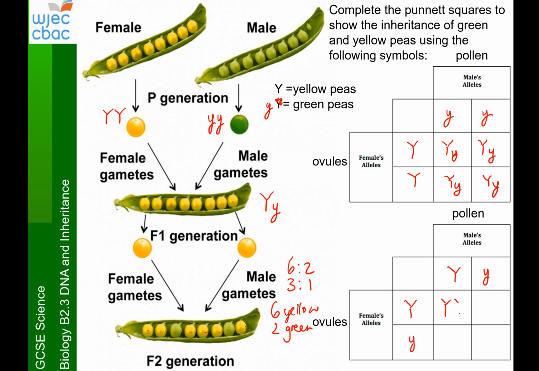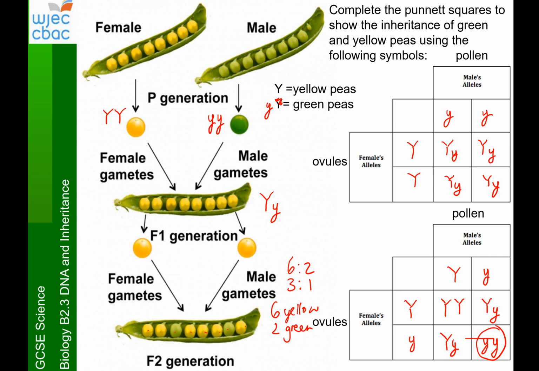This offspring will be homozygous dominant, will definitely have yellow peas. This offspring will be heterozygous, and have yellow peas. So will this one, but this individual here will have our green peas because it's got 2 recessive alleles.